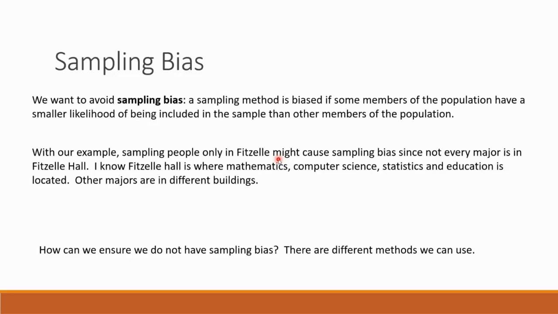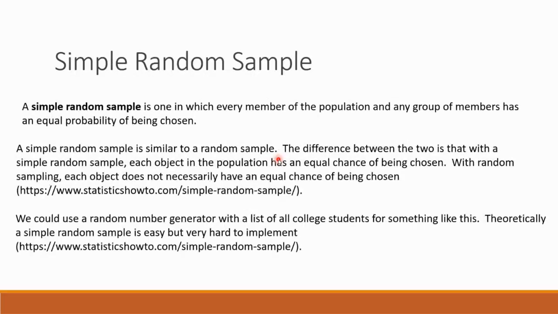There are different methods we can use. One is to make a simple random sample. That's where every member of the population and every group has an equal probability of being chosen.